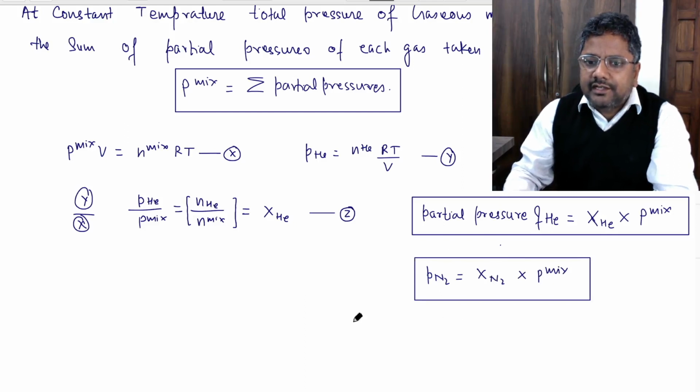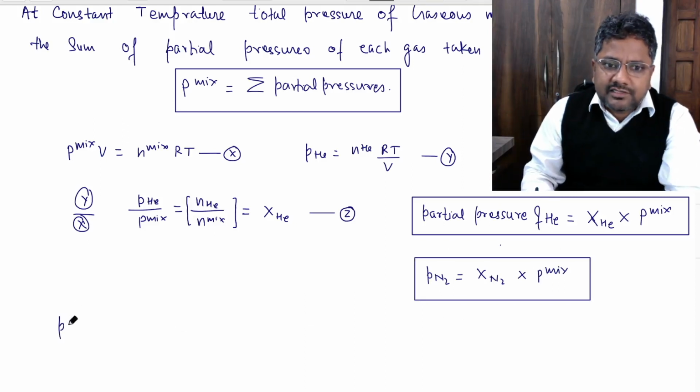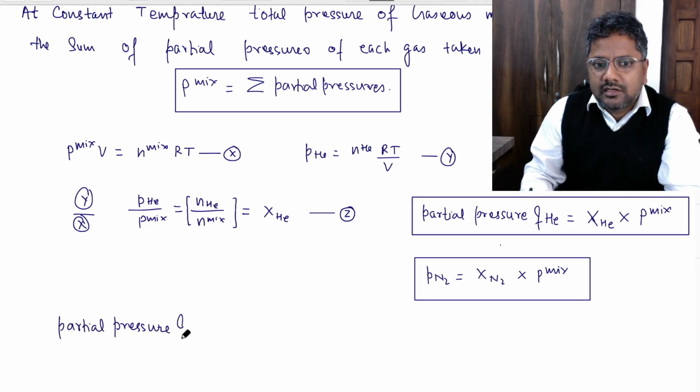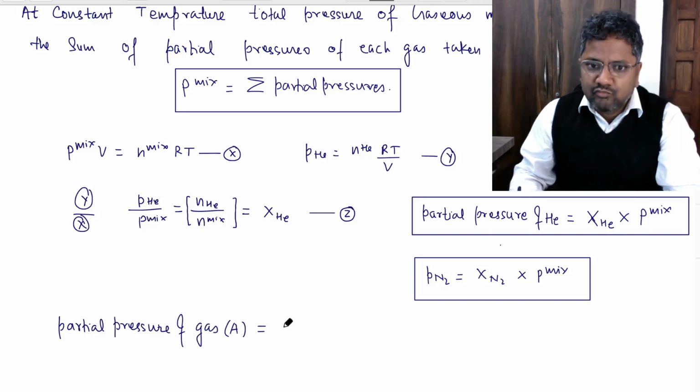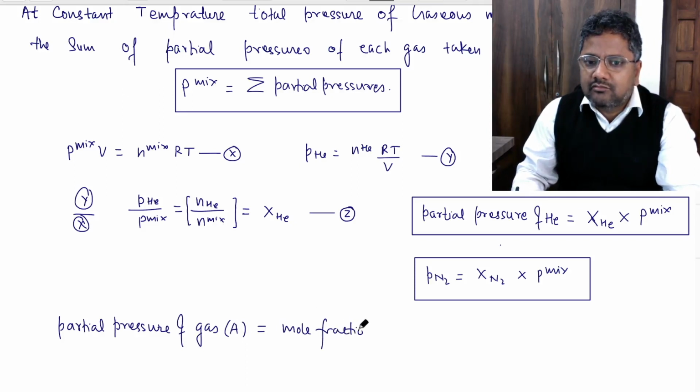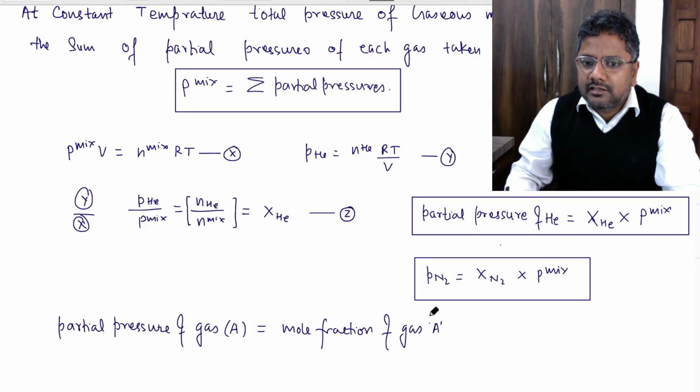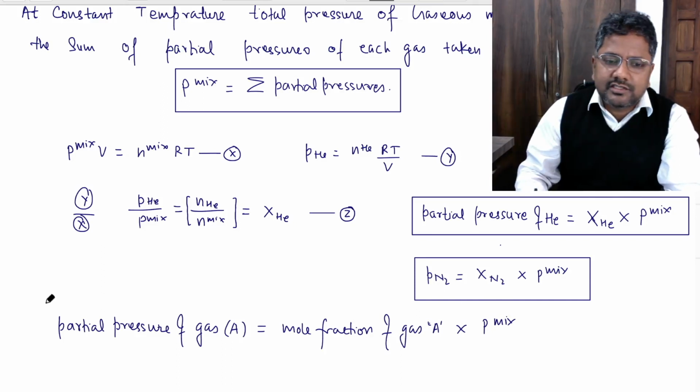So you can write here that the partial pressure of gas A is equal to the mole fraction of gas A into the total pressure P mixture. So this is a general formula.